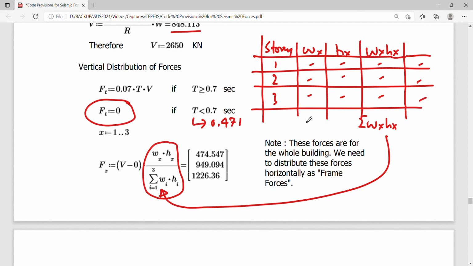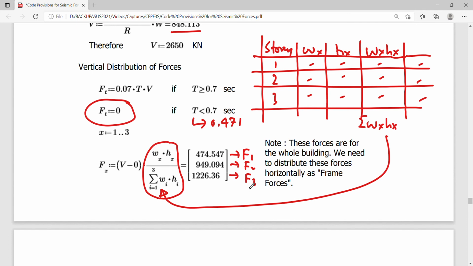If I multiply each factor with V, I will get now the story forces F1, F2, and F3. Okay, note that these forces are for the whole building. So we still need to distribute these forces horizontally later as shear frame forces.